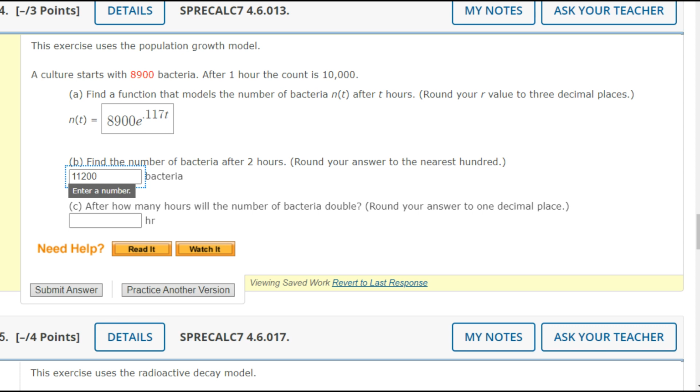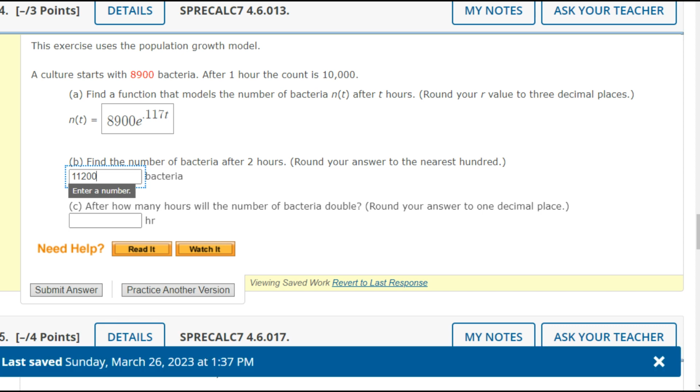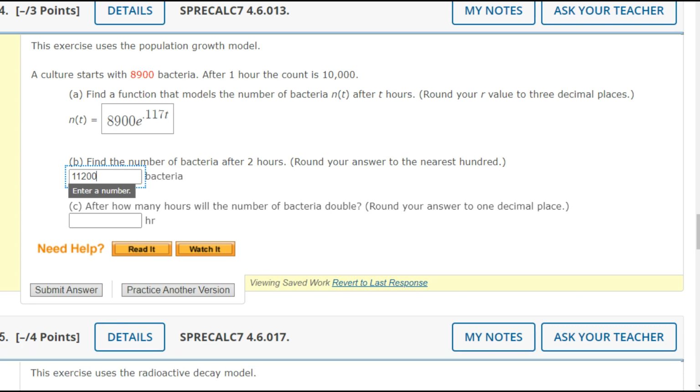So e to the power of 0.117 times 2, and then e to that power times 8,900 is 11,246, so still the same.